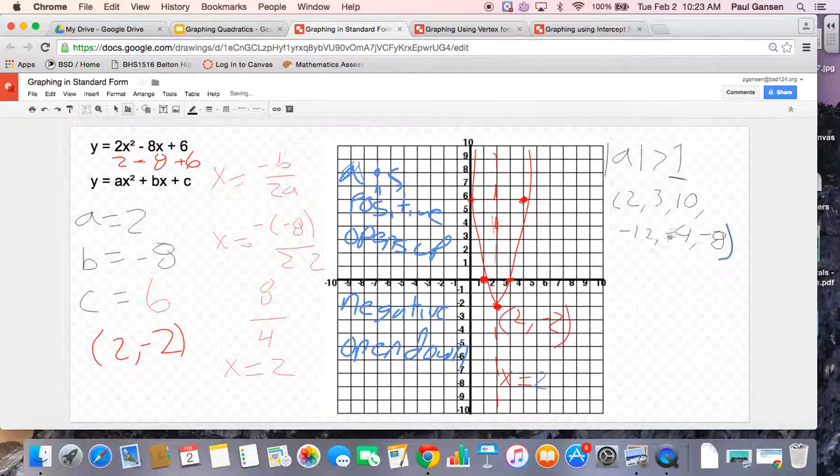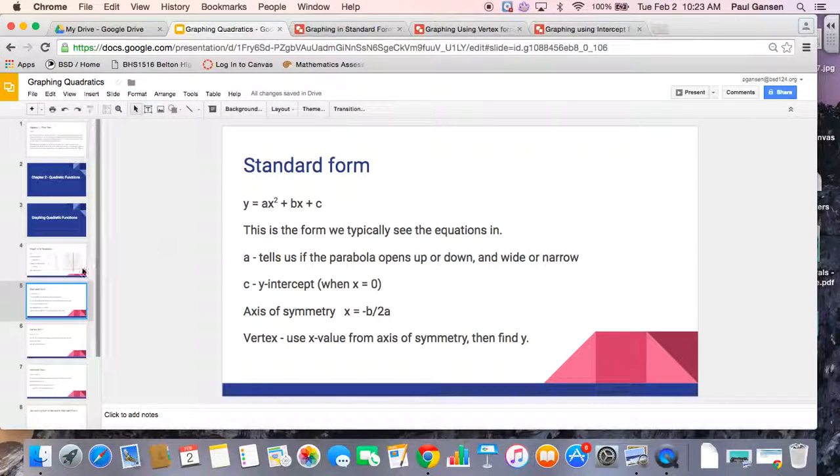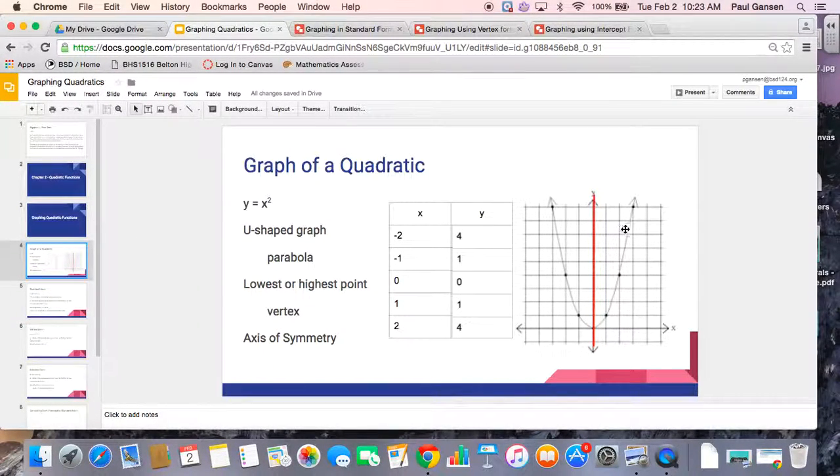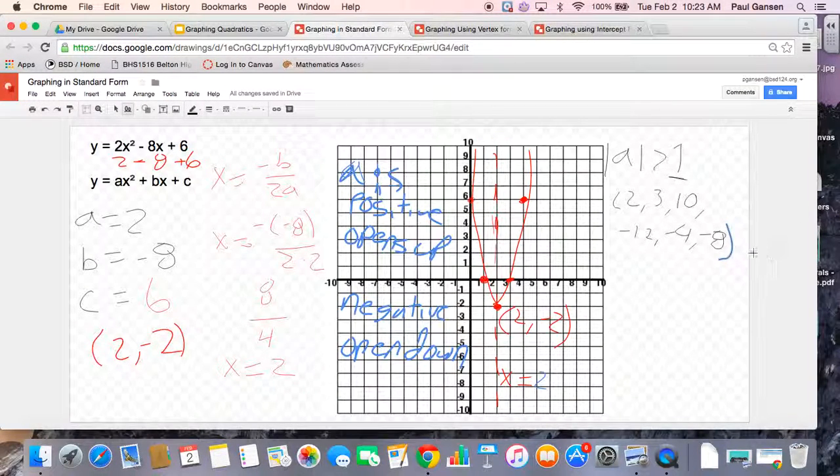Any numbers where the absolute value is greater than 1 make our graph, compared to our parent function, which we saw in this slide right here, narrower than our parent function.